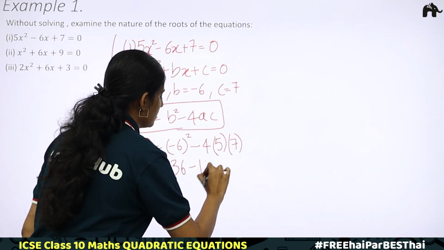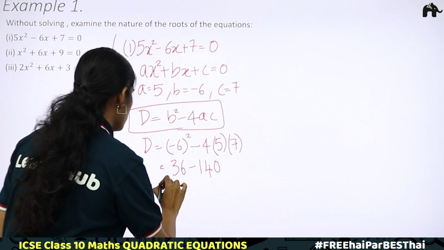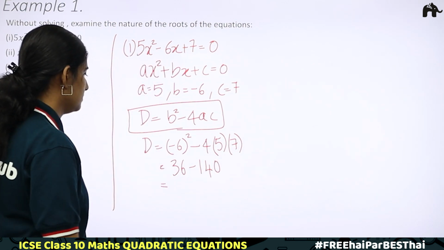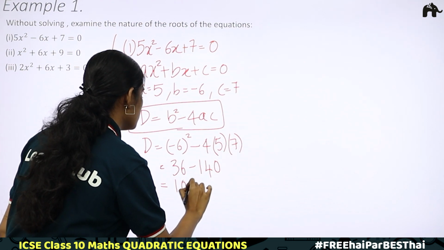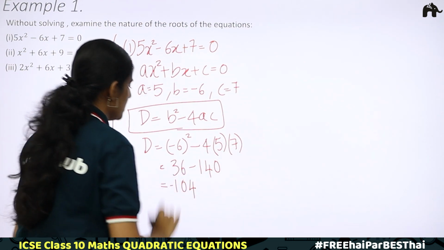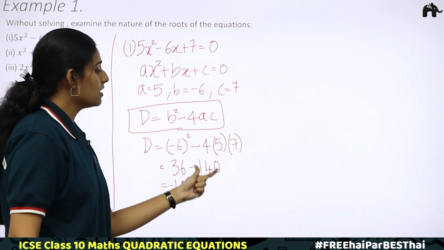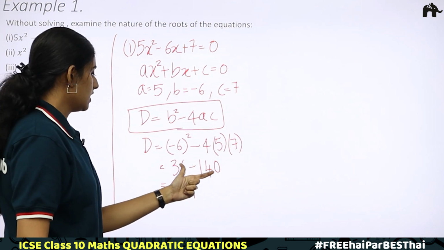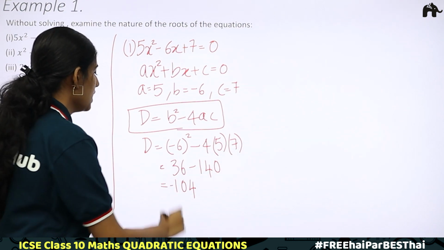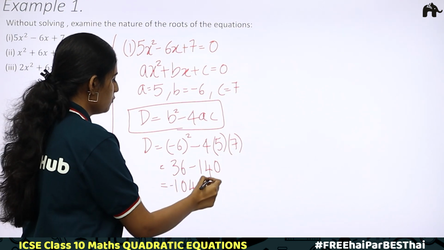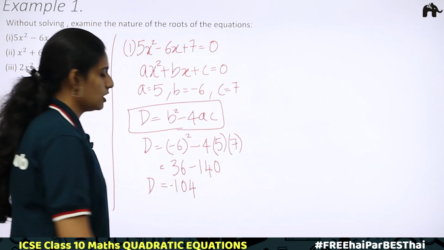We have a negative, minus 140. The answer is minus 104, because minus 140 is subtracted from 36. Minus 104 is the value of discriminant.